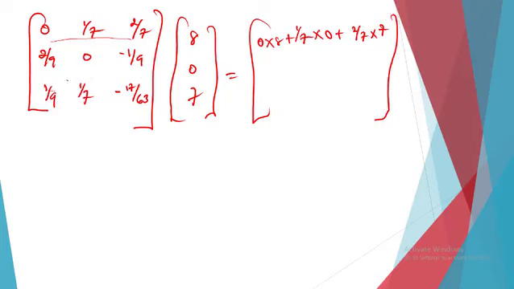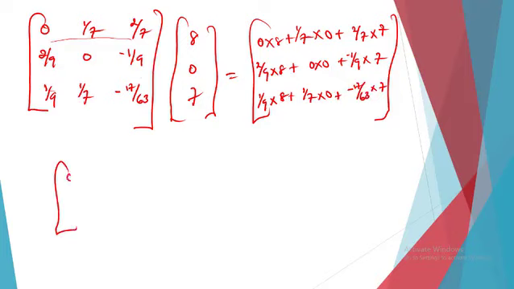Then we have the second one, 2 over 9 times 8 plus 0 times 0 plus minus 1 over 9 times 7. Then for this we have 1 over 9 times 8 plus 1 over 7 times 0 plus minus 17 over 63 times 7.